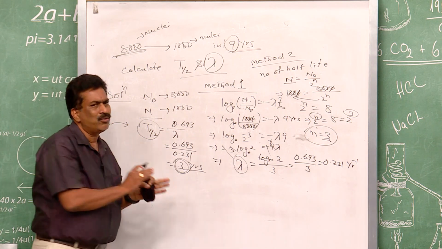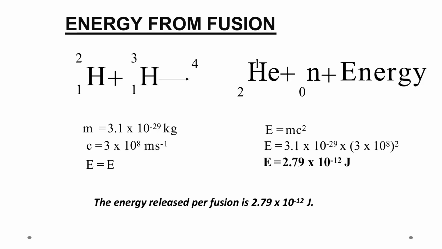With this we come to a conclusion. The overall view is that in case of fission, a large nucleus is split into lighter ones, but in case of fusion, the lighter ones on combination give you the heavier one.